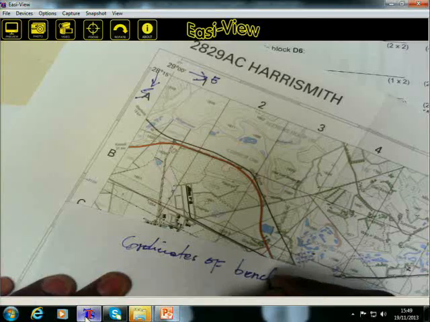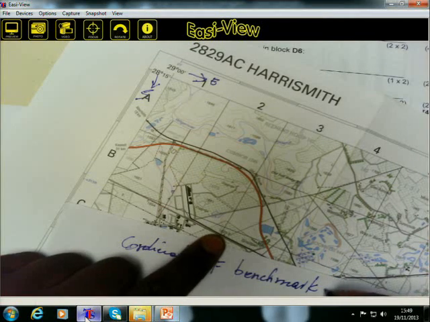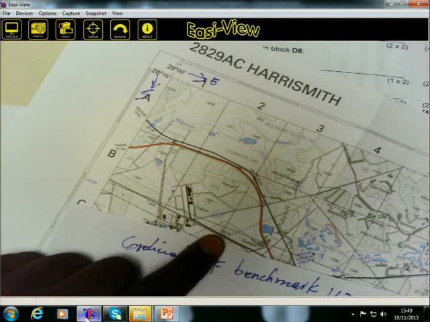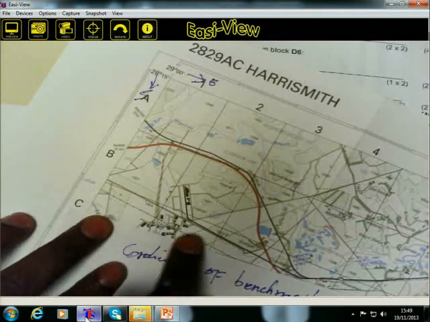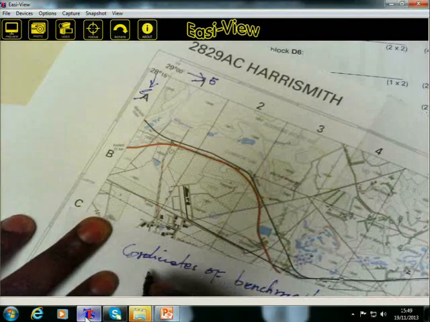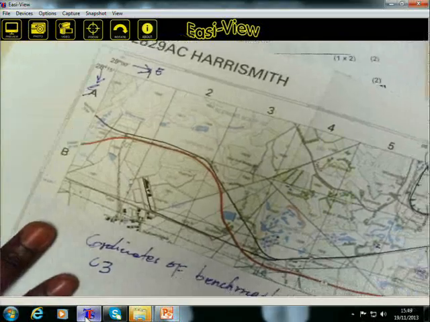Benchmark 1629,9 in block C3. Now I must get the coordinates.